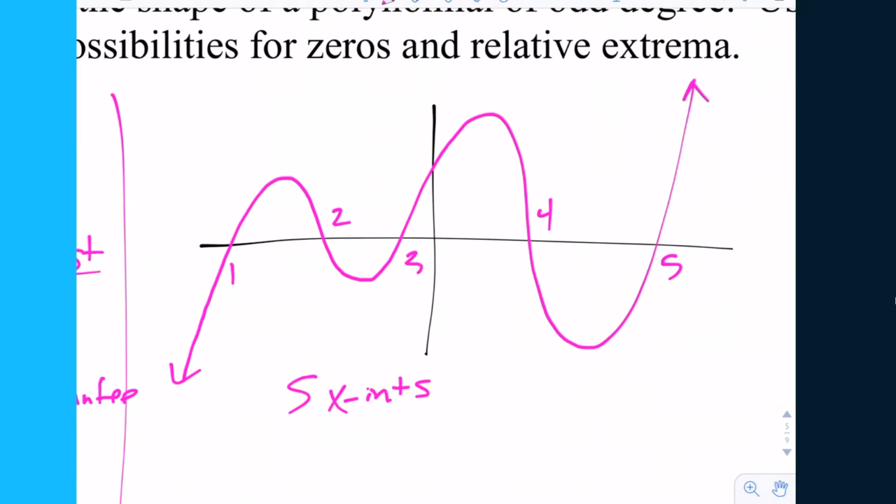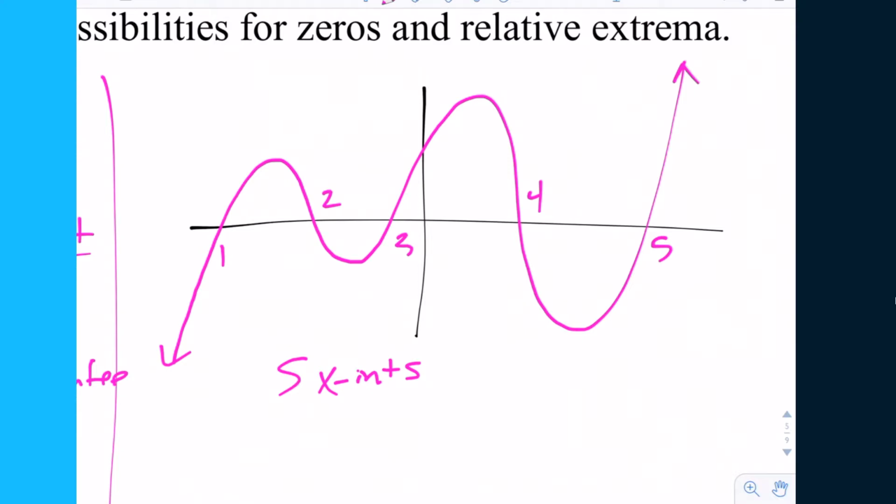And how many relative extrema does it have? 1, 2, 3, 4. 4 relative extremas. Okay, this one has 2 local max and 2 local mins, relative max, relative mins. So that would be the extreme case.